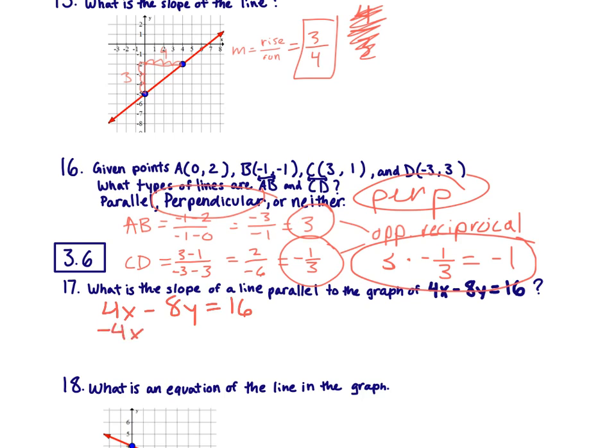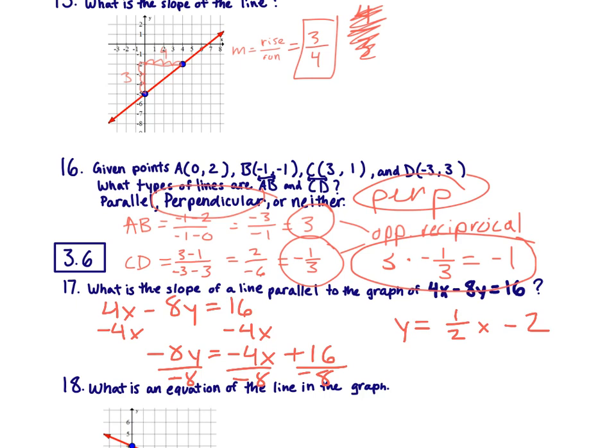So you're putting it into slope-intercept form? Mm-hmm. So you get negative 8y is equal to negative 4x plus 16. Then I divided by negative 8, and then I got y equals 1/2 x minus 2.